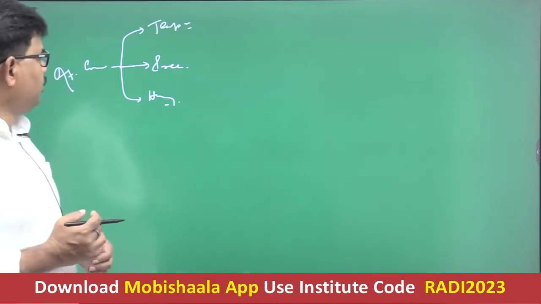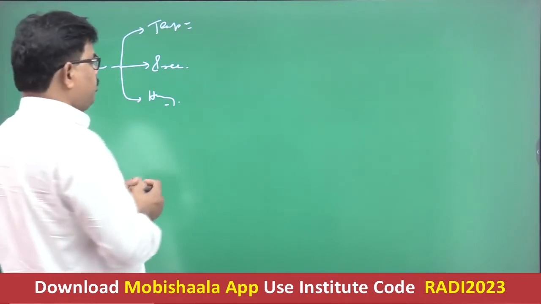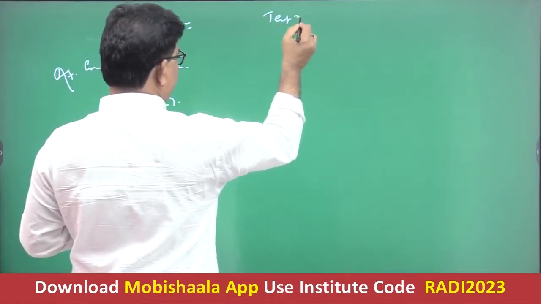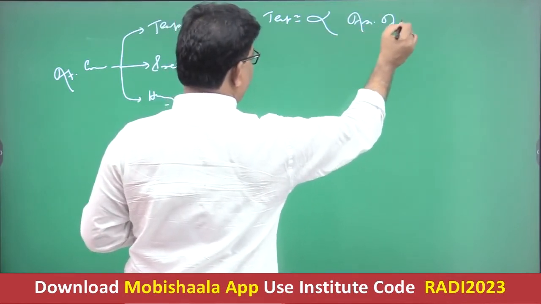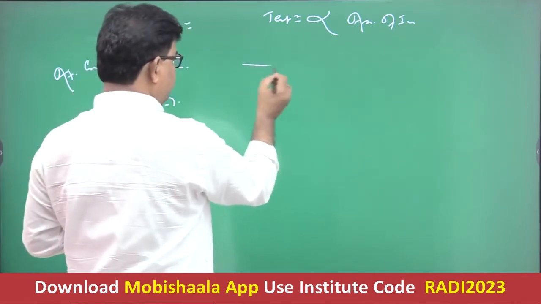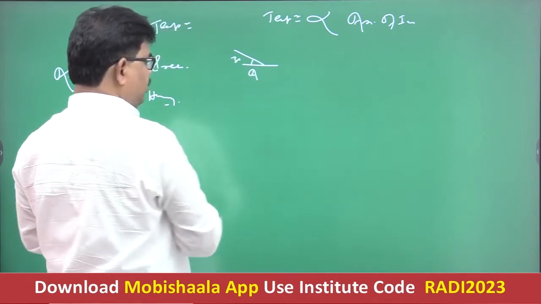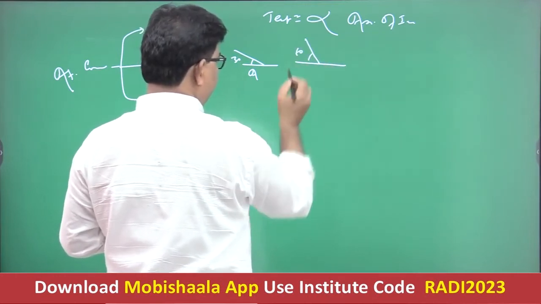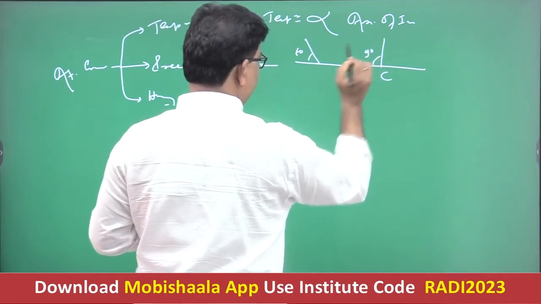As far as temperature is concerned, temperature is proportional to angle of insolation. Suppose this is the Earth's surface where angle of insolation is 30 degrees at place A. B is the place where angle of insolation is 60 degrees. And C is the place where angle of insolation is 90 degrees.